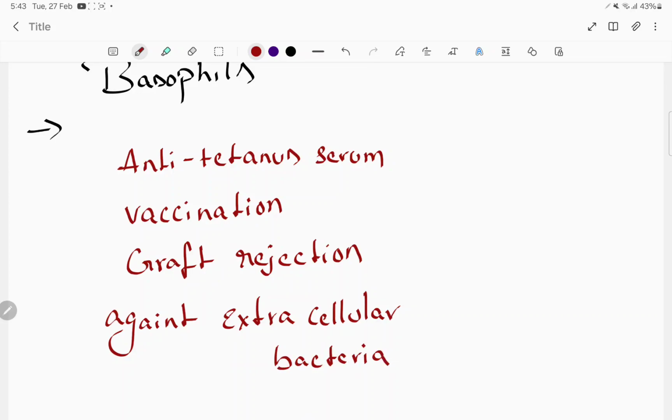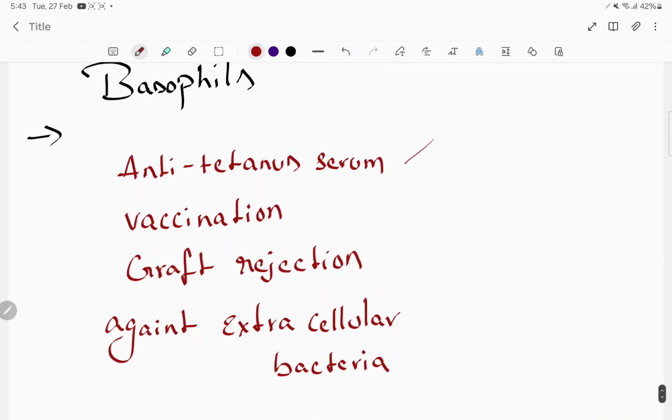So let's see what type of immunity is this. Anti-tetanus serum is artificially acquired passive immunity.